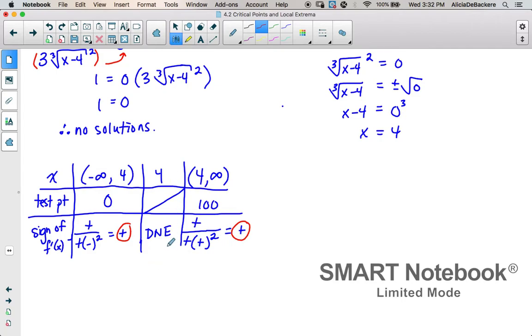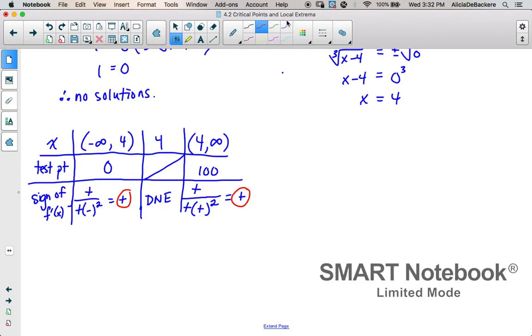What I also notice is that because the first derivative does not exist here, 4 is a critical number, but it's not flat. I'm going to go and find the y value because I do still need to plot that point. So plugging 4 into the original equation, I'm going all the way back up.